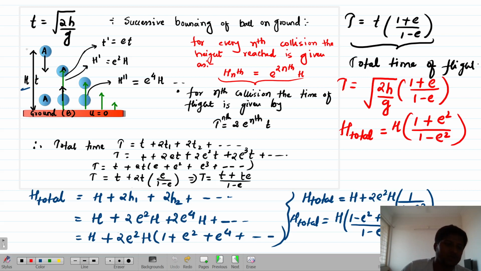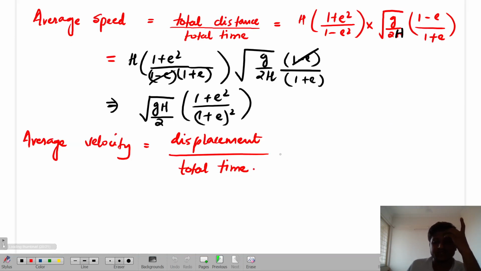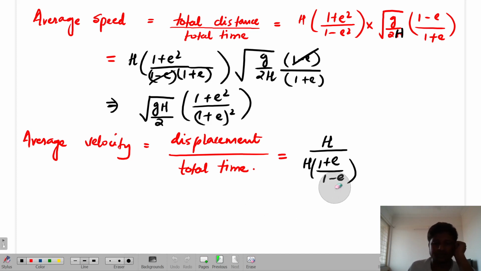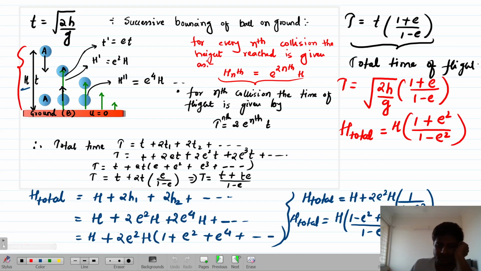But one displacement is left over here, which is the top h, isn't it? So that is why the net is h, and total time is root under twice h by g, 1 plus e by 1 minus e.